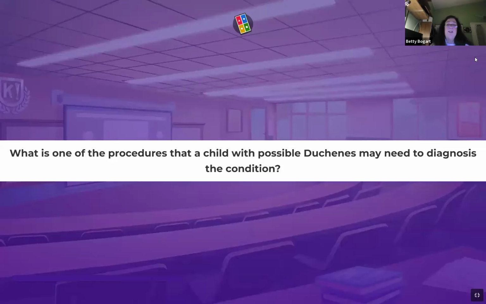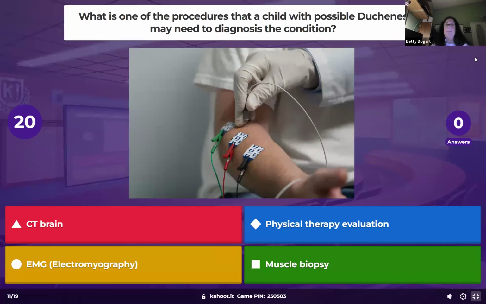What is one of the procedures that a child with possible Duchenne's may need to diagnose this condition? You have a child that was up and is walking and now is waddling, falling down, and you want to see, do they have Duchenne muscular dystrophy?